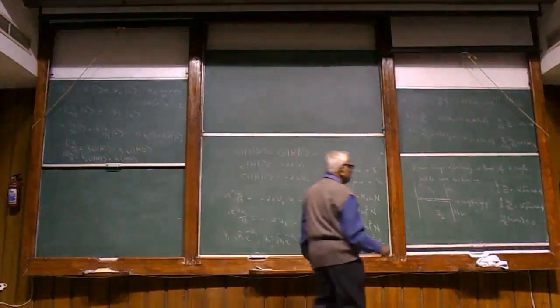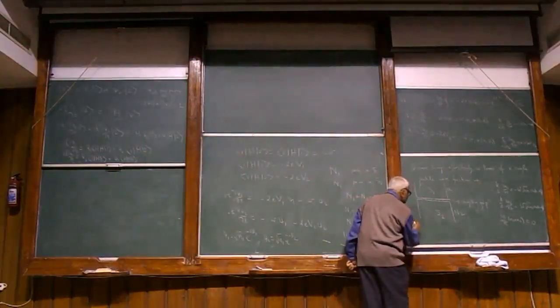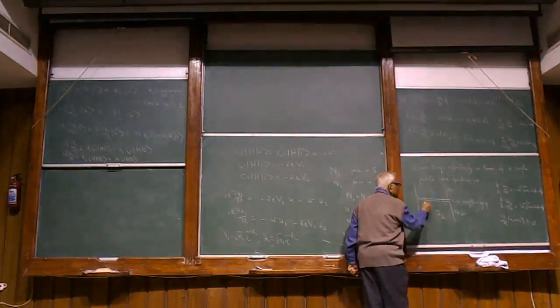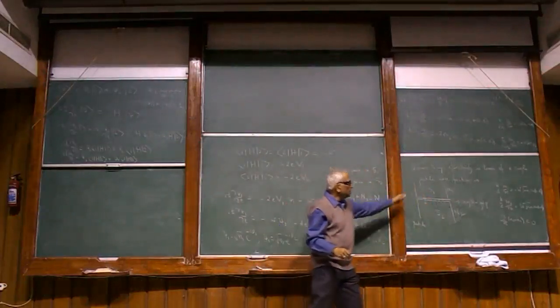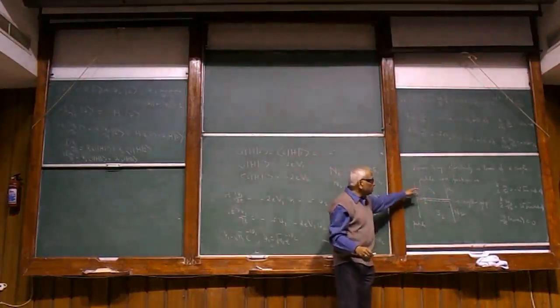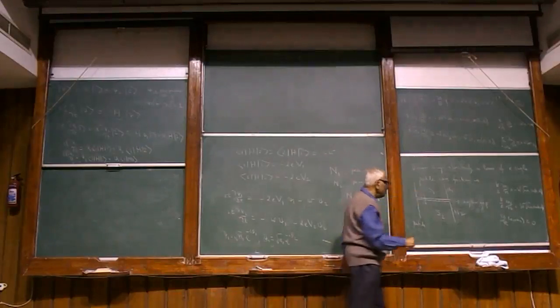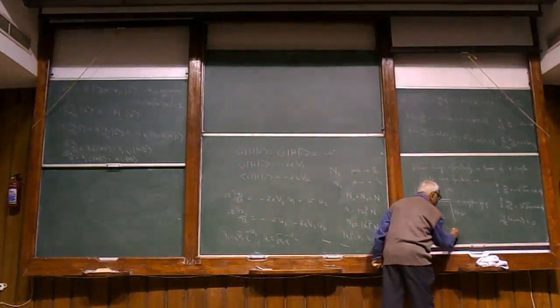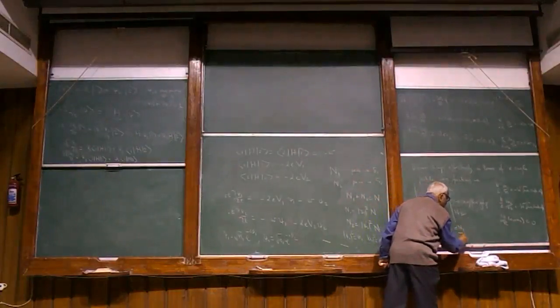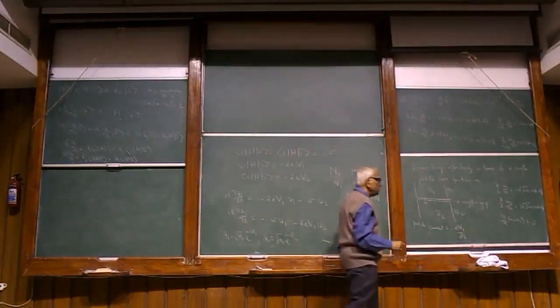Now what's the current? The particle current, going from 1 to 2, is N1, let's say tunneling from here to here. So the rate of N1 going down, so particle current is minus dN1/dt.